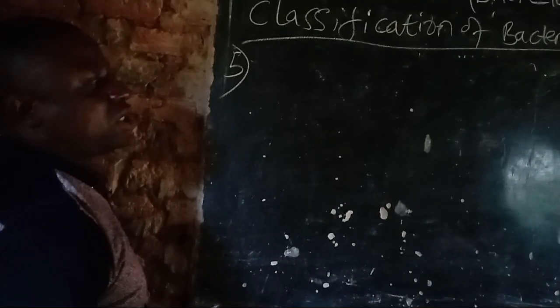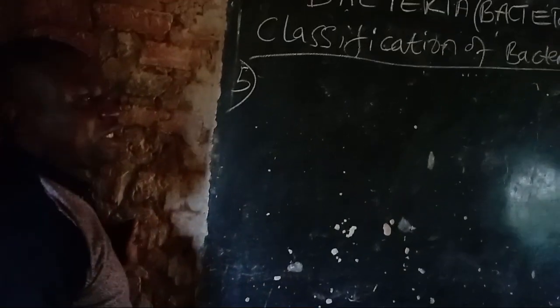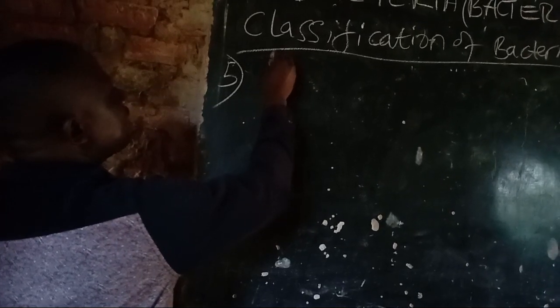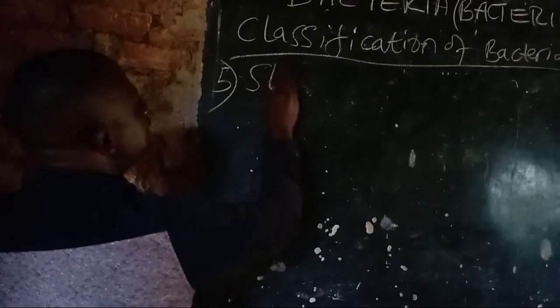The fifth way of classifying bacteria is according to their staining characteristics.